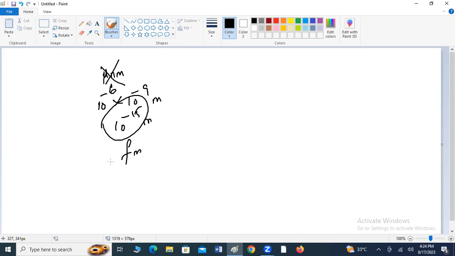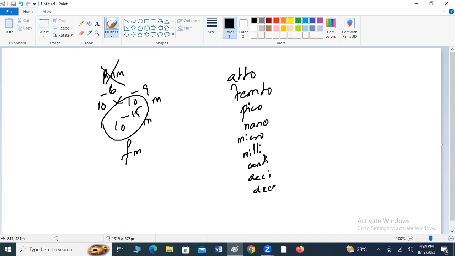Femto is also one of the prefixes you have already studied in class ninth. There was a table on the right hand side of the page in which the prefixes are mentioned starting from atto, femto, pico, nano, micro, milli, centi, deci, deca, kilo, mega, giga, tera, peta, and exa.